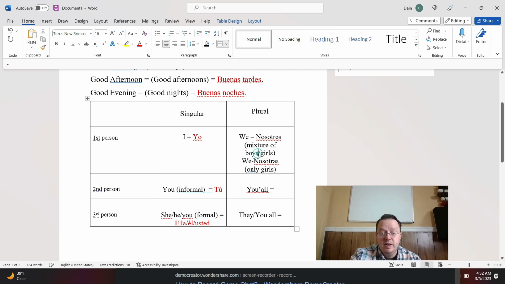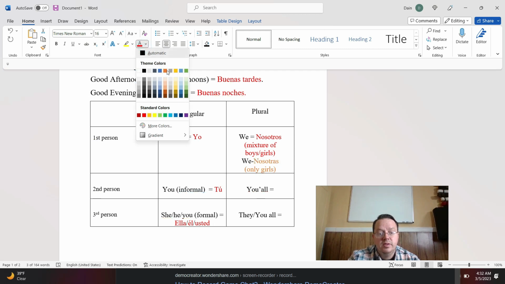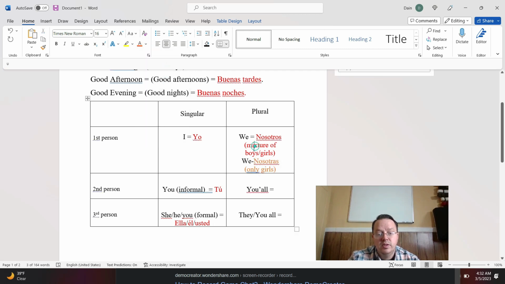Boys and girls mixed is nosotros, and this one is nosotras, only the girls. Now, nosotros can be for the guys only. But if you have a mixture of boys and girls, and you're saying we are doing something, you would say nosotros.